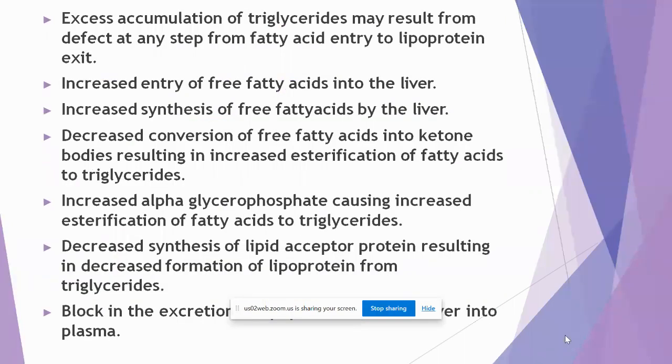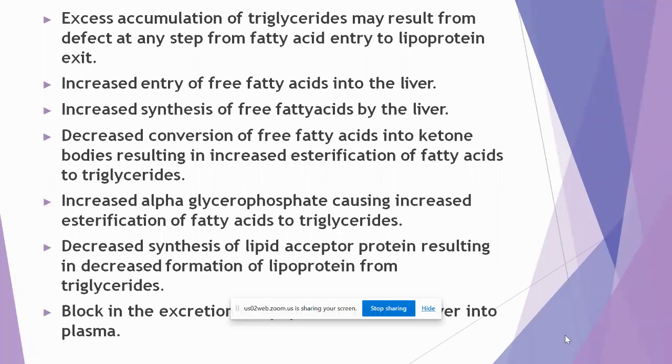Excess accumulation of triglycerides may result from a defect at any step from fatty acid entry into the lipoprotein system. There is increased entry of free fatty acids into the liver, and increased synthesis of free fatty acids by the liver. Due to this, there is decreased conversion of free fatty acids into ketone bodies, resulting in increased esterification of fatty acids to triglycerides.